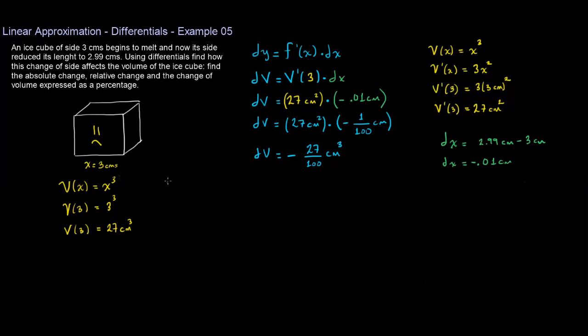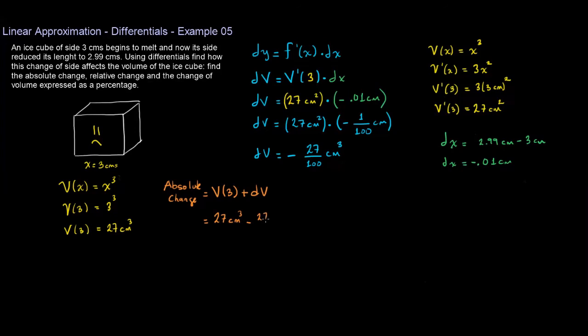Now let's get to the absolute change. I'm going to write here in orange. The absolute change would be roughly the initial volume, what we had at the beginning, V of 3, plus the differential of volume. V of 3 we know is 27 centimeters cubed, and dV is negative 27 over 100 centimeters cubed.